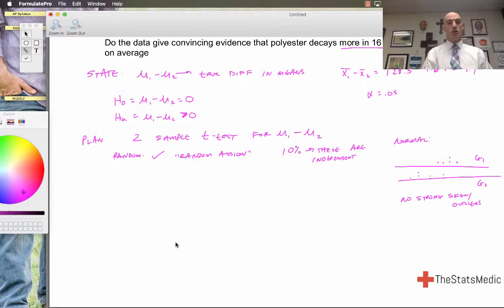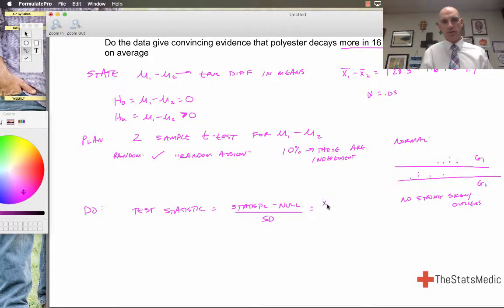So what are we doing? We need our test statistic. That is equal to the general formula: our statistic minus our null over our standard deviation. Our statistic would be x bar 1 minus x bar 2, minus 0, because that's our null. We're assuming that there's no difference.